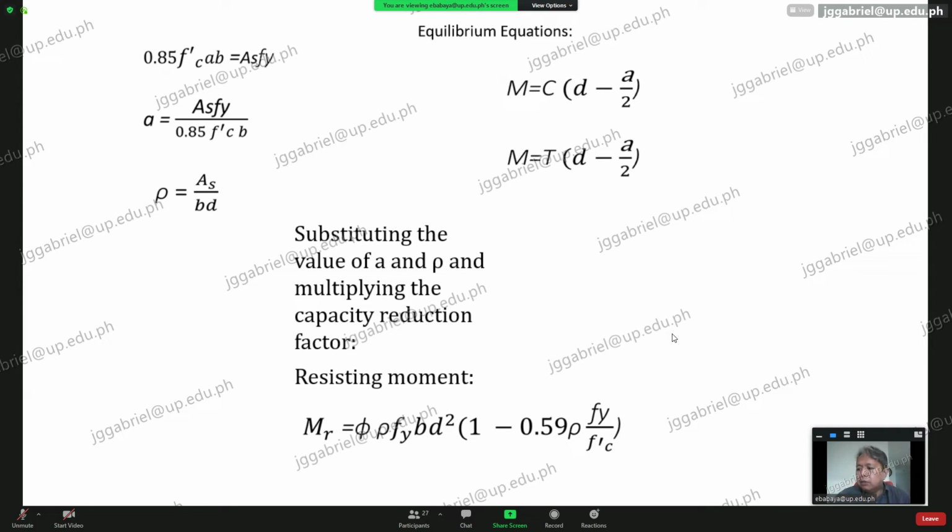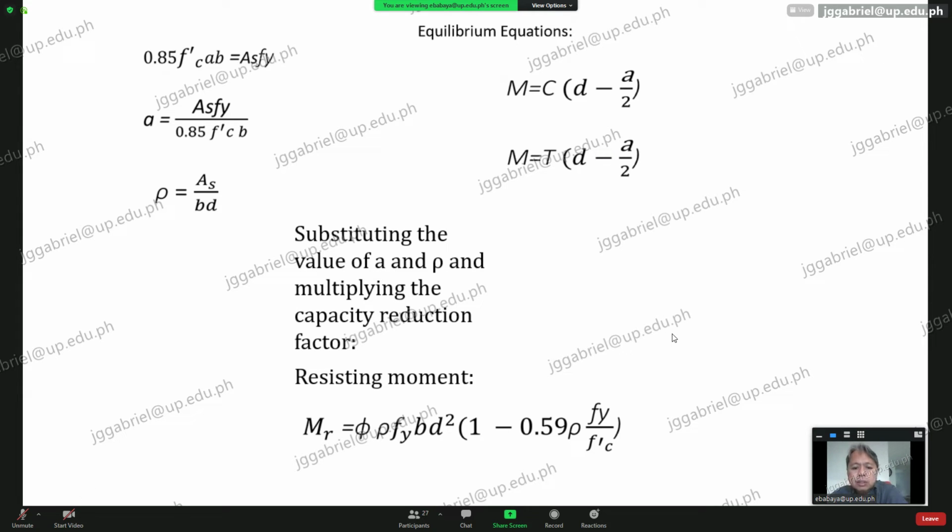The total height would be the dimension of the concrete itself, from the top surface up to the bottom surface. But the effective depth, that's the distance of the center line of the reinforcement up to the outermost fiber of the compression side.